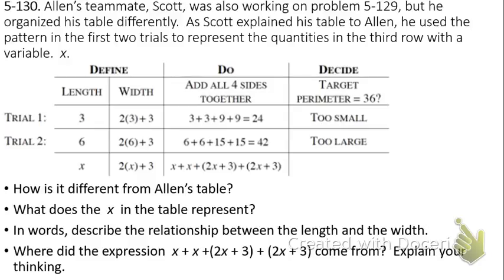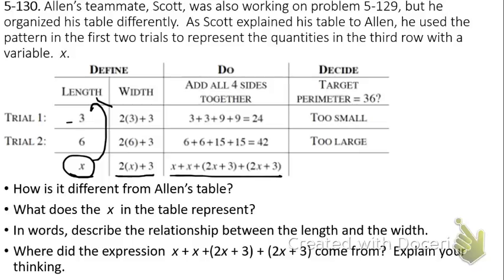What does x in the table represent? So you'll notice down here, we've got an x. Okay, well, right up there, it tells us what x is. X is some number representing the length. Now, we can put a whole bunch of guesses, and x could be any of those numbers.